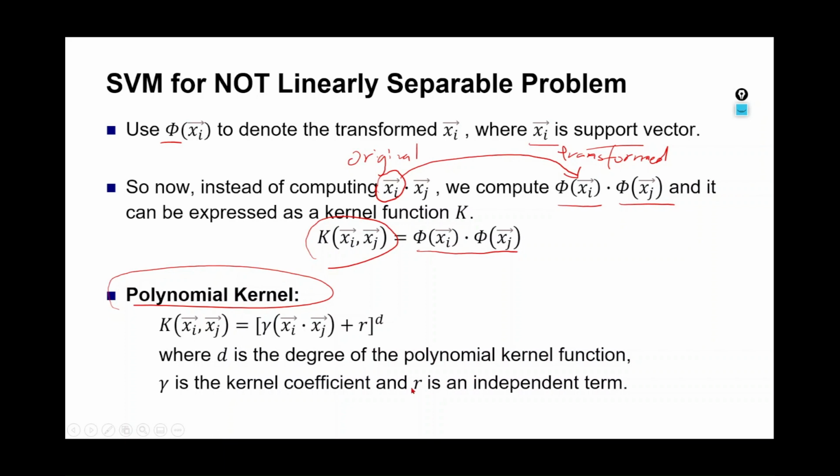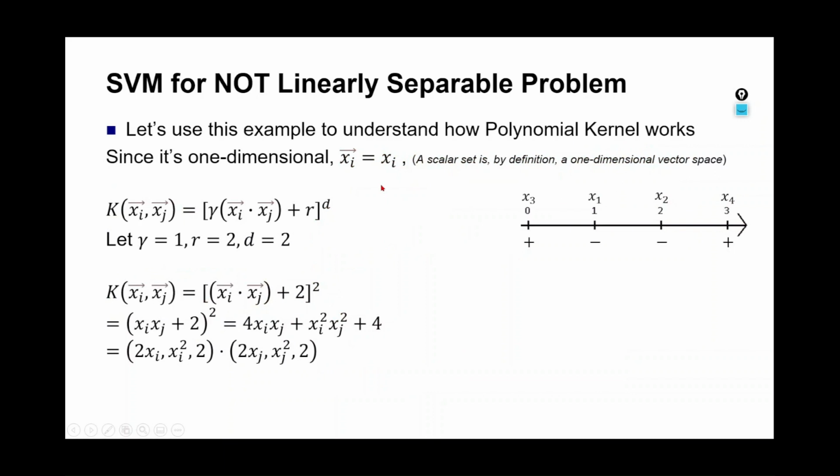Okay, enough math. Let's look at one concrete example and use it to understand how the polynomial kernel works. Since this is one-dimensional, we can finally get rid of the arrow on top of the x, because one-dimensional is just a scalar, and a scalar, by definition, is just a one-dimensional vector.